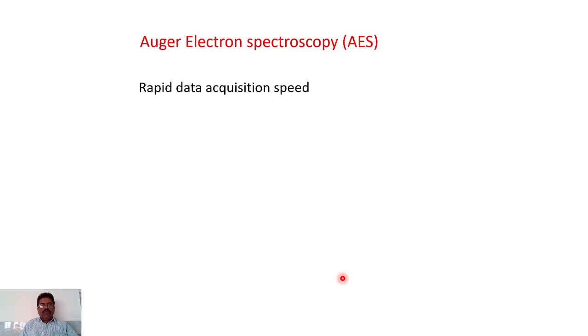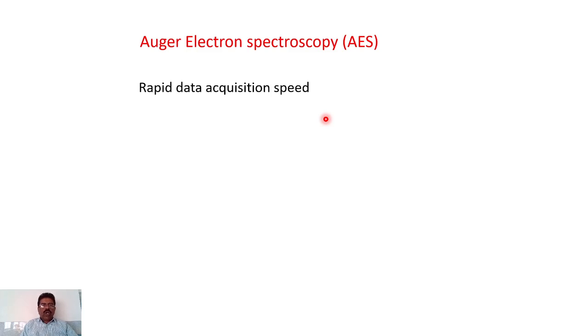So what are the main features of Auger electron spectroscopy? First one, rapid data acquisition speed. Rapid data acquisition speed means this process is very fast. Once you start the electron beam in a very high vacuum system and focus the electron beam on the target, that means the given sample which you want to analyze for its surface composition, as soon as the electron beam is focused on a particular part of the surface, immediately you will get the Auger electron emitted.